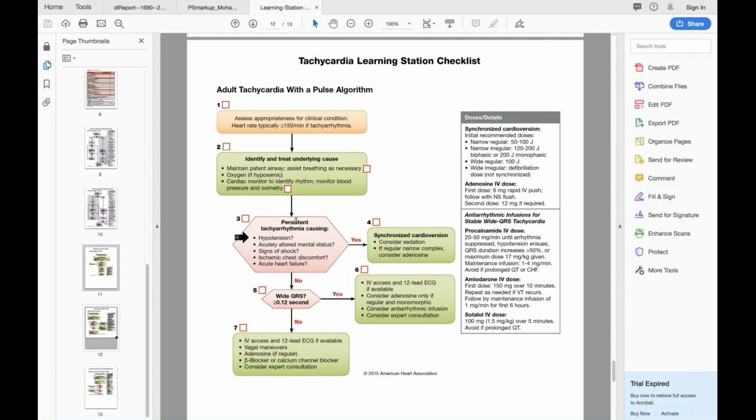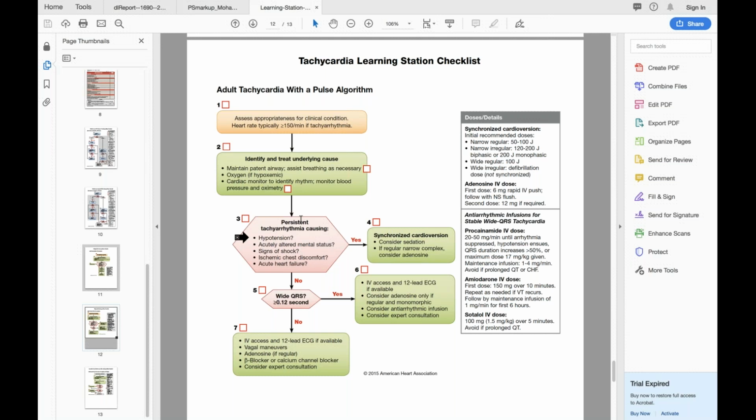Basically the questions are: are you dizzy? Do you have chest discomfort or chest pain or anything like that? Do you have shortness of breath? These are the main three questions. And then you will ask to do the blood pressure and see how much it is.